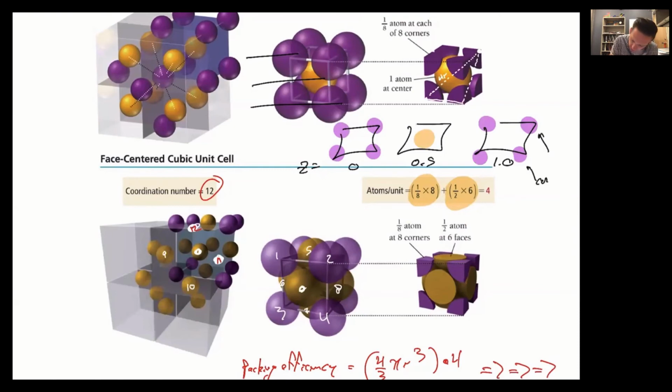Actually, let me put some letters in here instead. So we'll do corner. All of these are corners. This is a middle. And just for reference, if you were talking like something in the middle and you were talking here, those are faces.